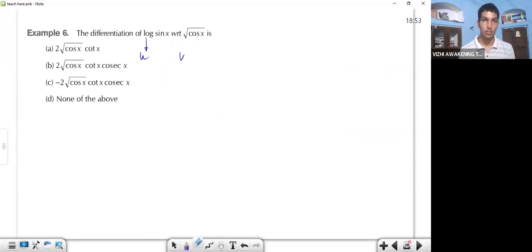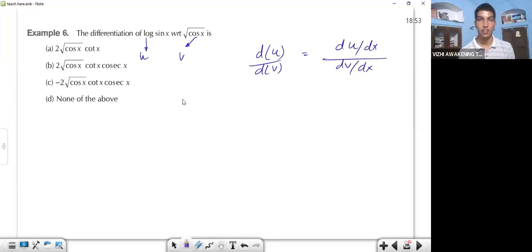So we are taking this as v. First of all, for finding du by dv, we will first have to find out du by dx and dv by dx. Finding out du by dx first.